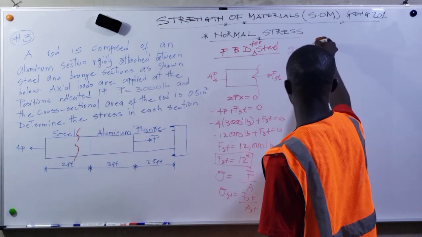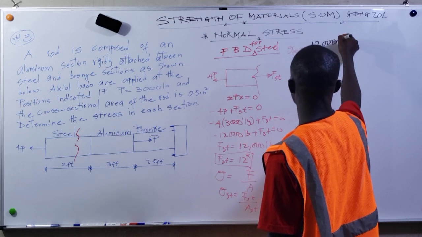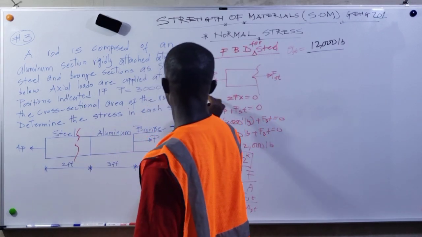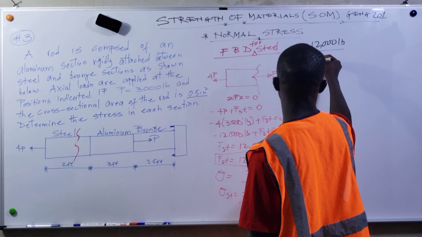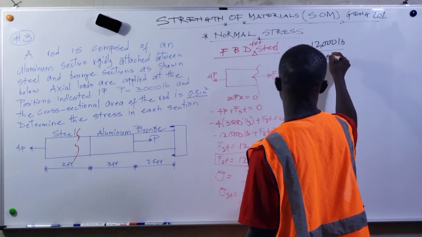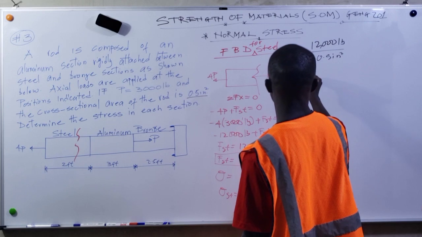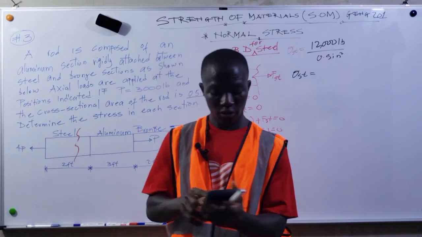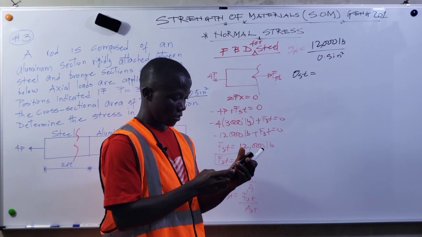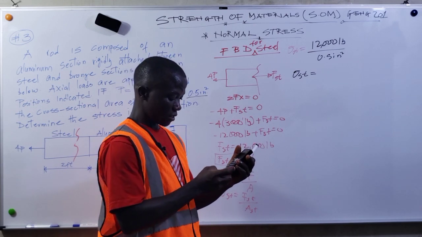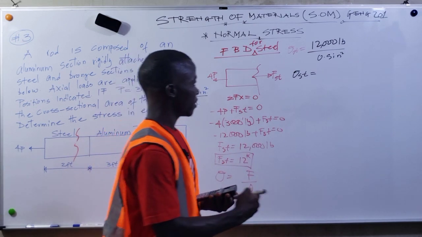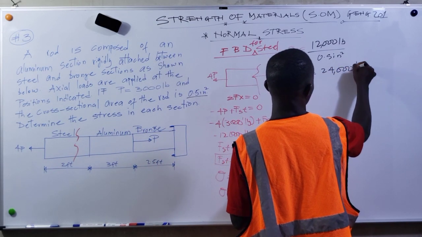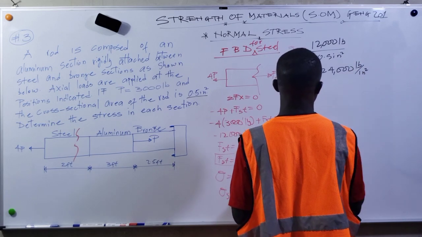The force in the steel is 12,000 pounds, divided by the area, which is given as 0.5 inches square. Using our calculator, 12,000 divided by 0.5 is equal to 24,000 pounds per square inch.